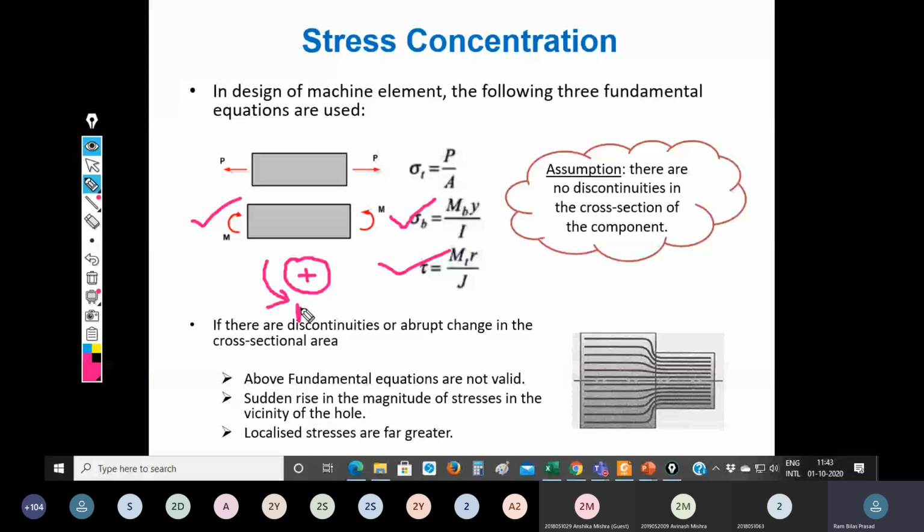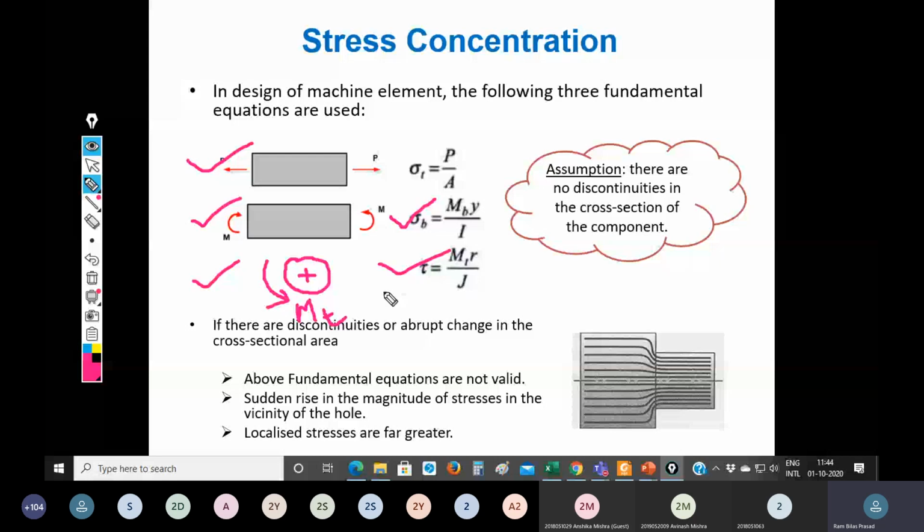This is the general expression to find stress when there is no discontinuity. This is for the case of tensile or compressive load, this is for the case of bending, and this is for the case of twisting, right?